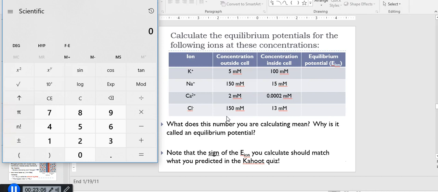So, one thing I'll point out is that here's this sketch we did of potassium earlier, during our Kahoot quiz. And we said potassium was at high concentration inside and low concentration outside. This is because of the sodium potassium pump, because it pumps potassium in. So we tend to have a high concentration inside cells.